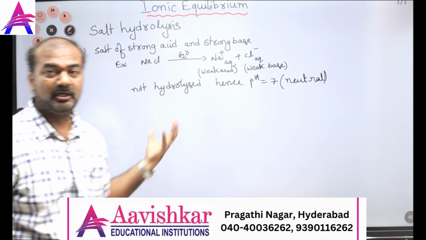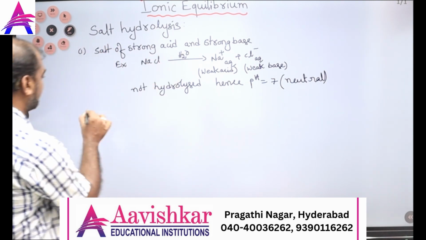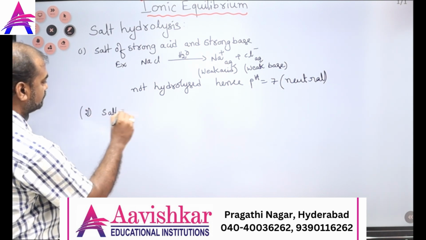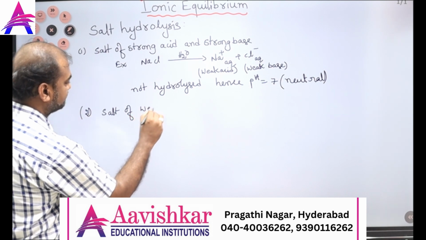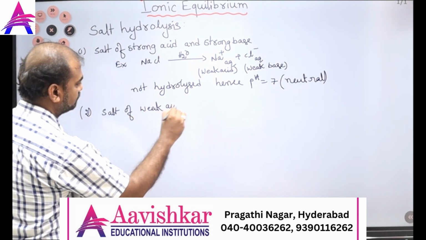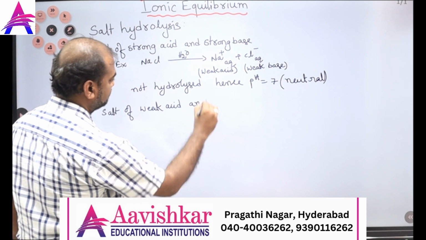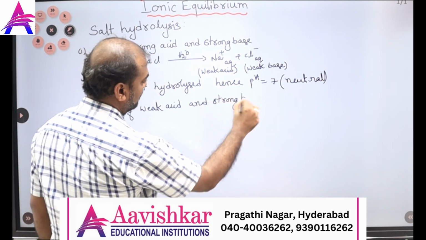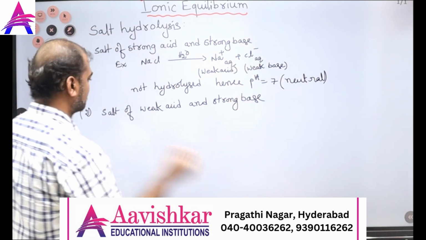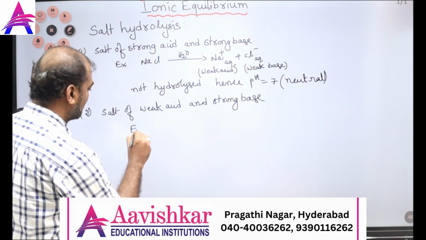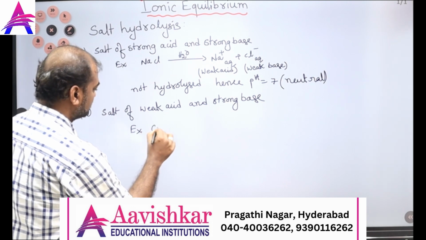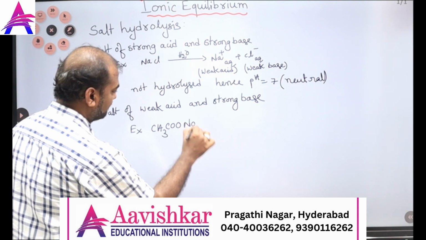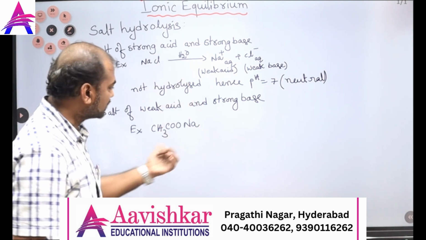This is the first type of salt, the salt of strong acid and strong base. The second, much more important, is the salt of weak acid and strong base. For this we have the example CH3COONa, sodium acetate.